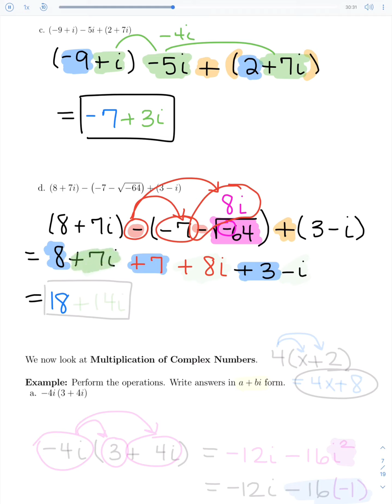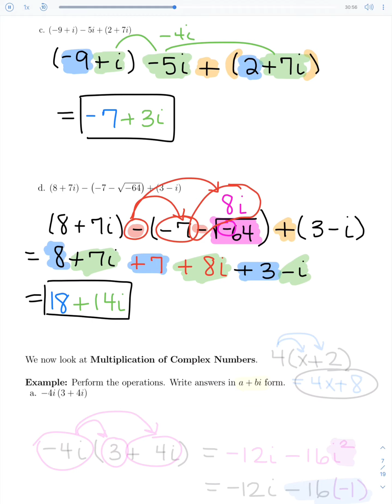I've got a 7i and 8i, which is 15i, minus 1 more i will give me a 14i. So I've got a plus 14i. And that's it. The 18 and the 14i cannot be added. Those are not like terms, so we are done, and that's my final answer.